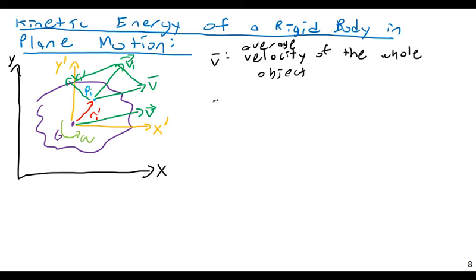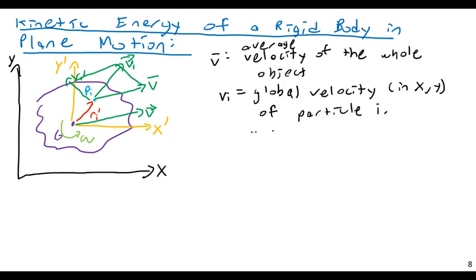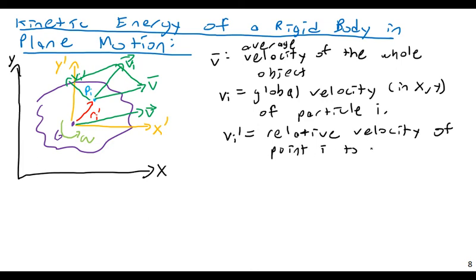The Vi is the global velocity in the XY coordinate system, global velocity of particle I. And Vi prime would be the local velocity, or the relative velocity, of point I to the centroid, or the center of gravity.